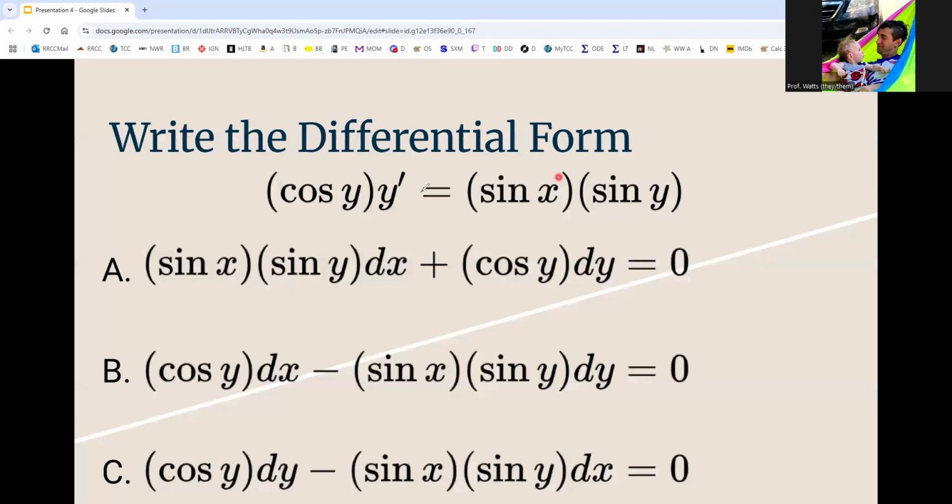All right, so here is a first order nonlinear differential equation that we may want to put in differential form. See if you can get to the differential form and if it matches up with A, B, or C here. Pause the video if you need some more time, but we'd first want to replace that prime derivative with the Leibniz notation.